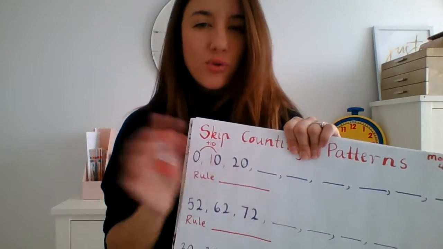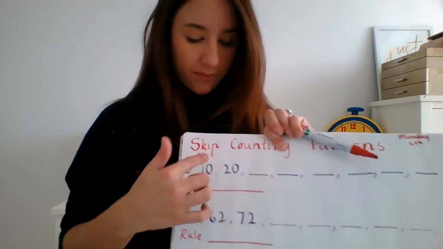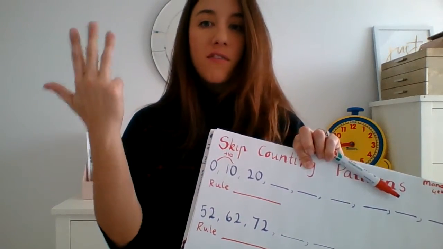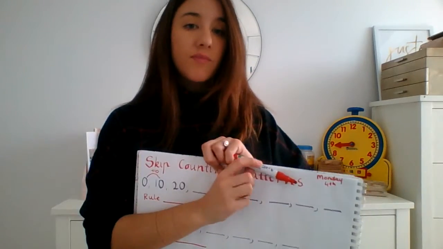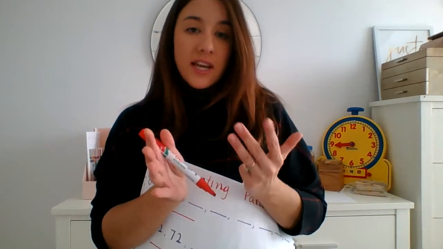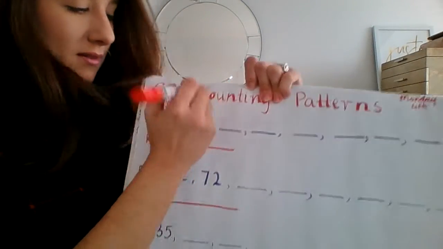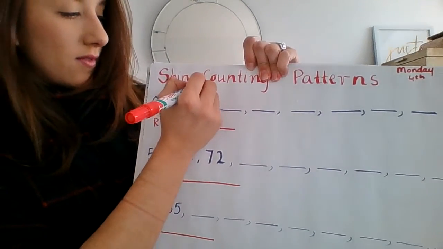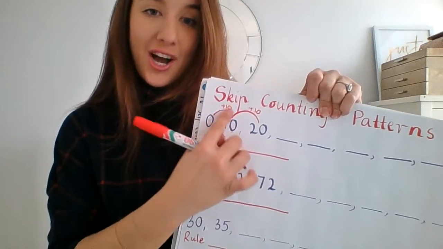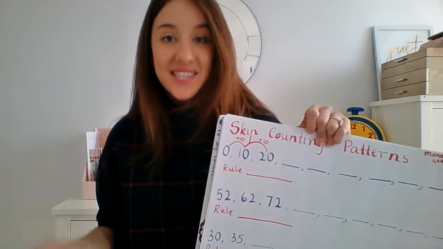We want to check two, just to be sure. So from 10 to 20, let's see what we get. 10, 11, 12, 13, 14, 15, 16, 17, 18, 19, 20. So from 10 to 20, we've added 10. So each time we jump 10 more, which means it is counting by tens.